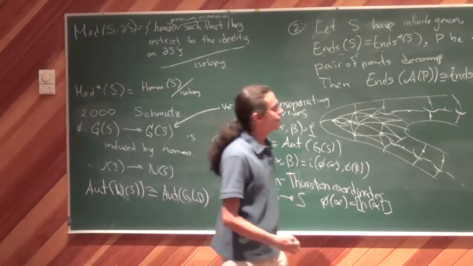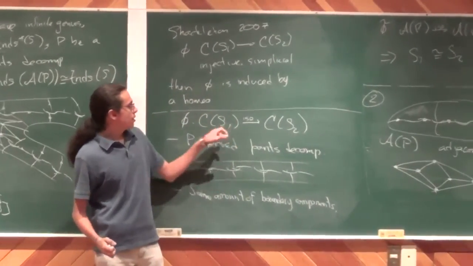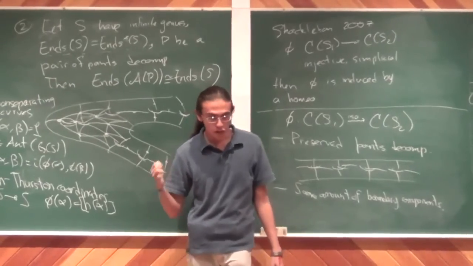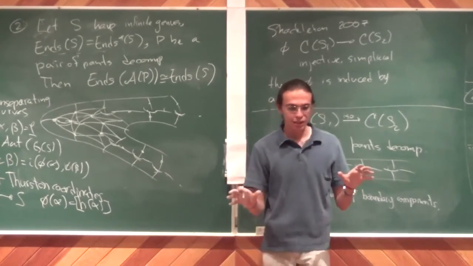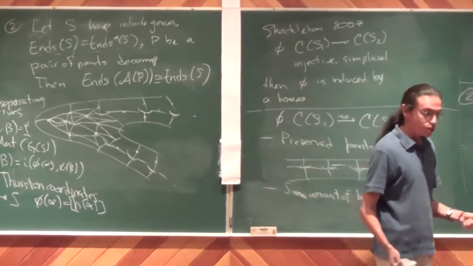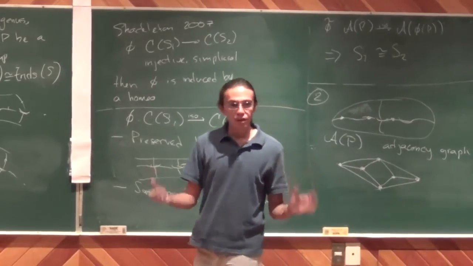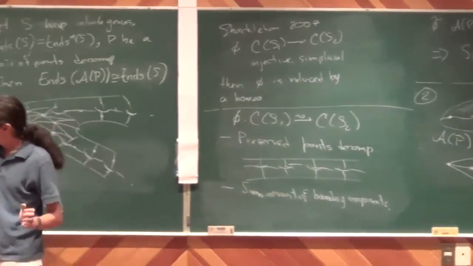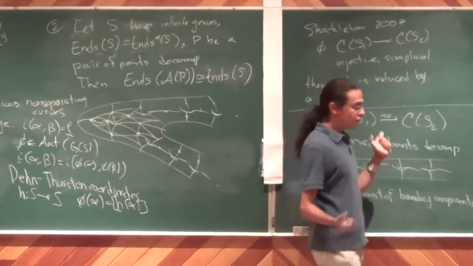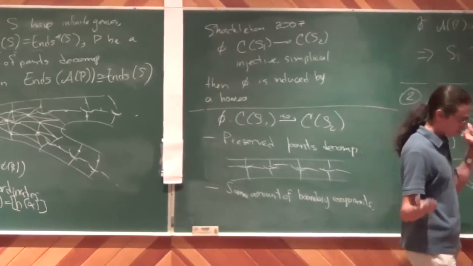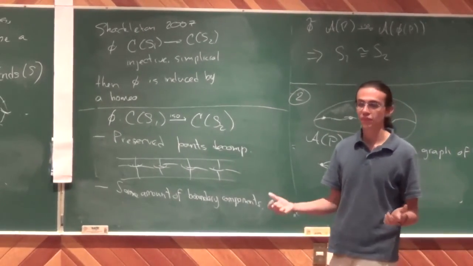And at the end, we said, okay, well, knowing that we have an automorphism of the curve complex of a surface, we could restrict it to the non-separating curve complex. Once we restrict it, we used this result. Then we had a homeomorphism that agreed with our automorphism on non-separating curves.